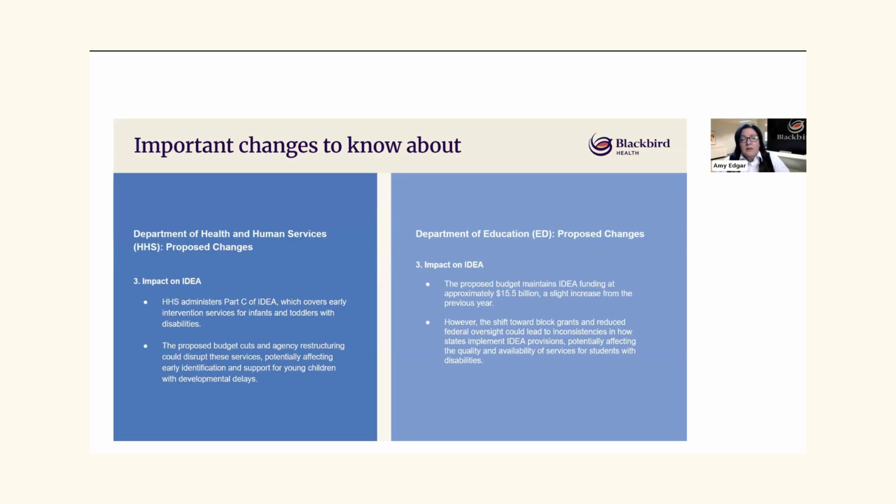So right now, states have discretion and create their own implementation systems for IDEA. But they are also audited at the federal level, and are required to meet certain benchmarks. What the new proposed changes would do would be to take away that federal oversight, and it would really be up to the states to ensure that they are meeting the requirements of the law.